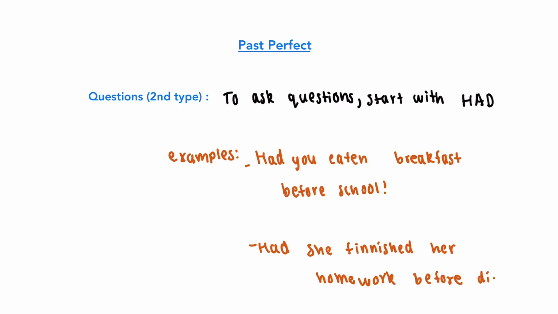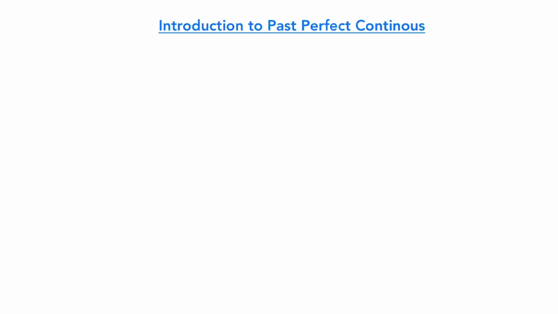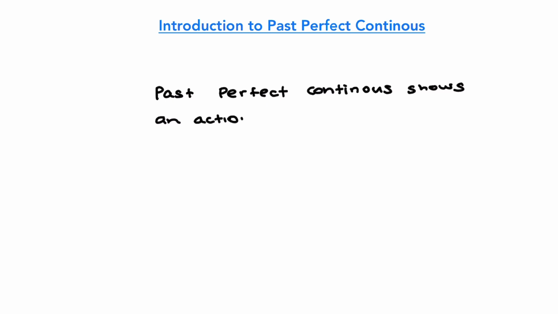Okay. So now we're in the second part of past tenses. So this is past perfect continuous. We were just talking about past perfect. Now this is past perfect continuous. Past perfect continuous shows an action that was ongoing before another past action.